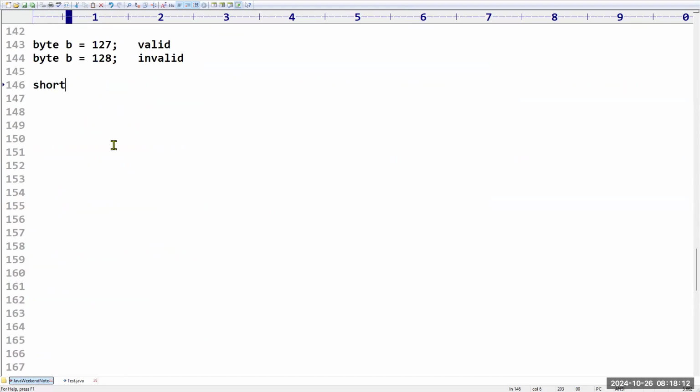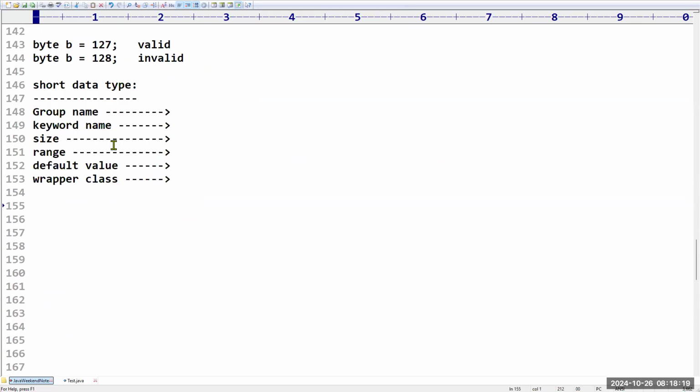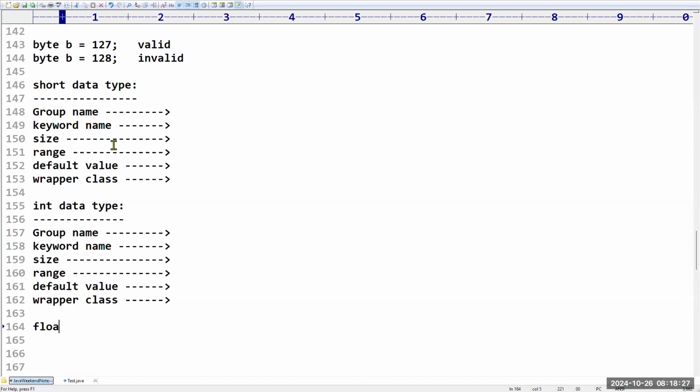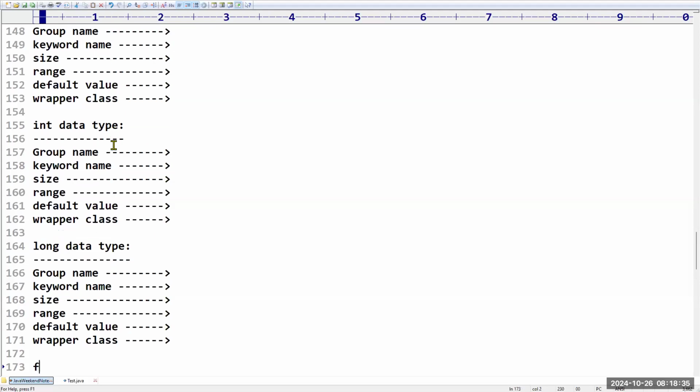So now we will talk about the short data type. What is a short data type? How can you provide the values? And what about the integer data type? What about these attributes? What about float? Sorry, we have long also, right? What is a long data type? So what about these values? We have float.